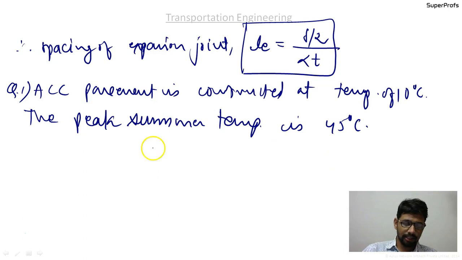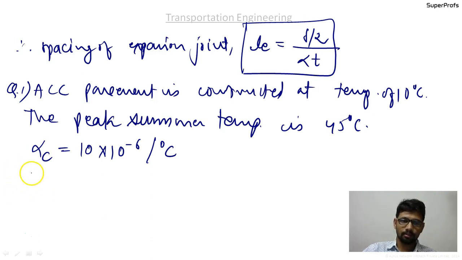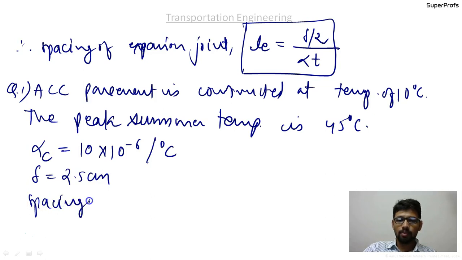The coefficient of thermal expansion of concrete, so alpha C value, is 10 into 10 to the power minus 6 per degree Celsius. And the gap at the expansion joint is 2.5 centimeter. So the delta value is given to be 2.5 centimeter, and they are asking what is the spacing of expansion joint.